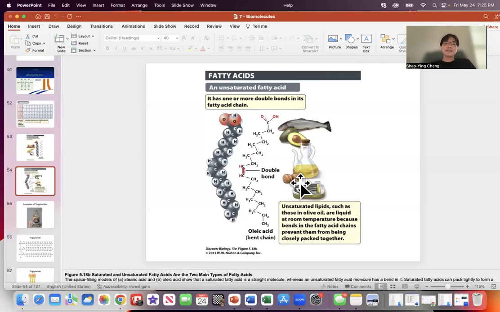When they're separated, at room temperature they're usually liquid. So this is called unsaturated fat. You can have one double bond, or two or more. Once you have a double bond, it's unsaturated fat. Unsaturated fat is usually liquid at room temperature. So that's how you identify saturated and unsaturated.